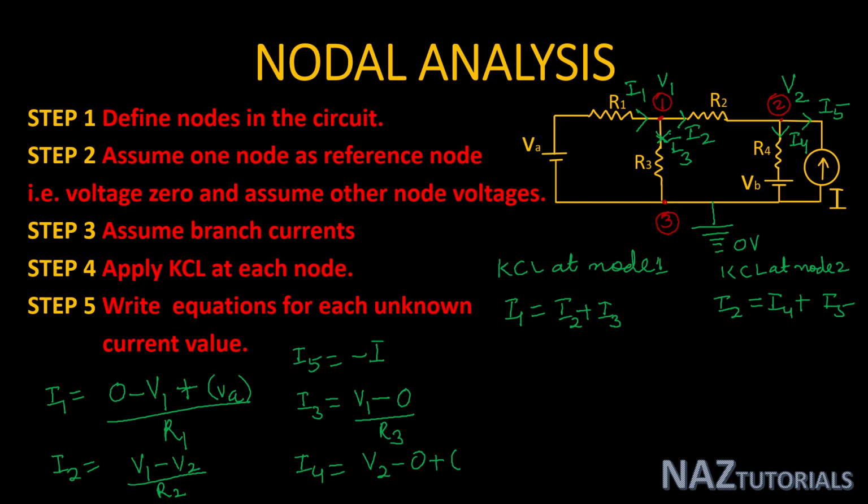The value of the voltage source according to the current direction is minus VB, divided by the branch resistance R4. So these are the basic equations which we can put in the KCL equations and solve.